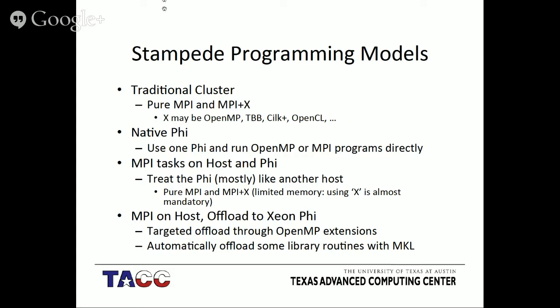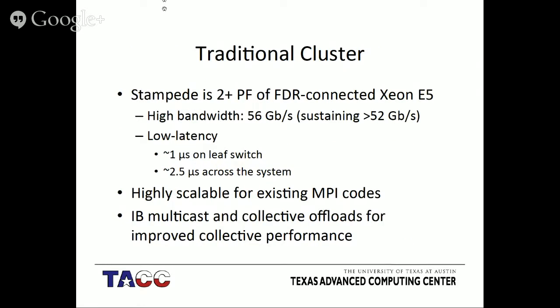And when you have a DGEMM call where you do a matrix-matrix multiply, at runtime, the runtime can figure out whether it is worthwhile doing this matrix-matrix multiply on the coprocessor or not. So for small matrices, it will not be worthwhile, and for large matrices, it will ship the matrices over, do all these operations, and then ship the result back. So if you do a lot of MKL, you can try your luck with the automatic offloading.